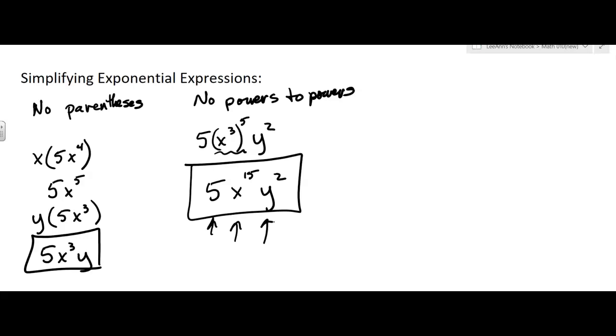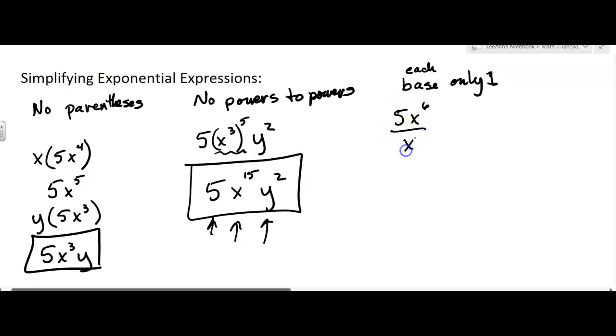Also, you don't want the bases to be in there more than once. So each base only once in the problem. So say you do a bunch of work and you get like 5x to the 6th over x squared.